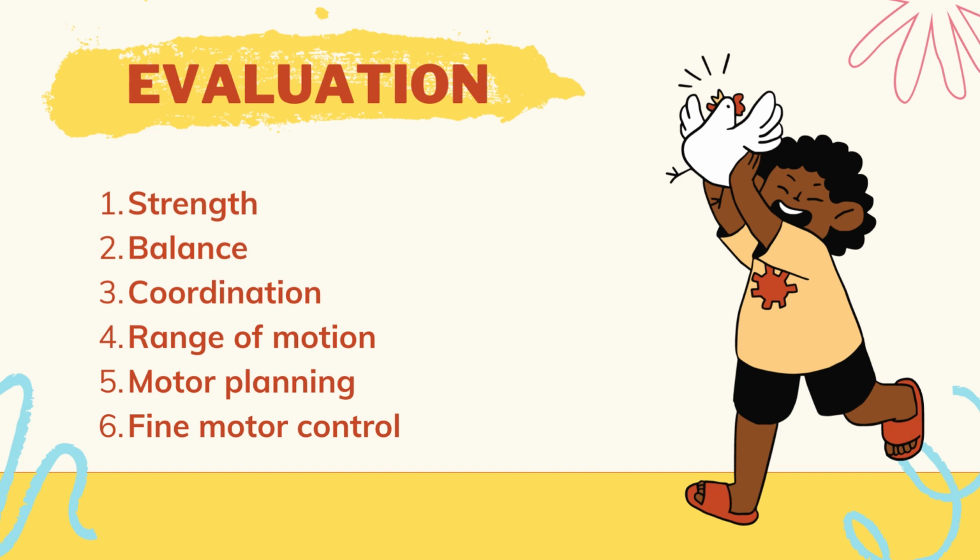So a patient will get advice from a doctor and also from the therapist. What they do to check whether a patient has DCD or dyspraxia is to check muscle strength, to check balance of the body, to check the coordination, to check range of motion, which is the joint movements for all joints, and motor planning, how they can plan to do things, for example holding pens, buttoning shirts, and walking.